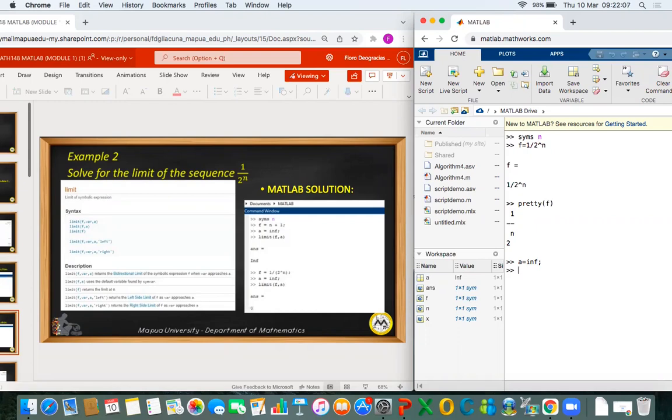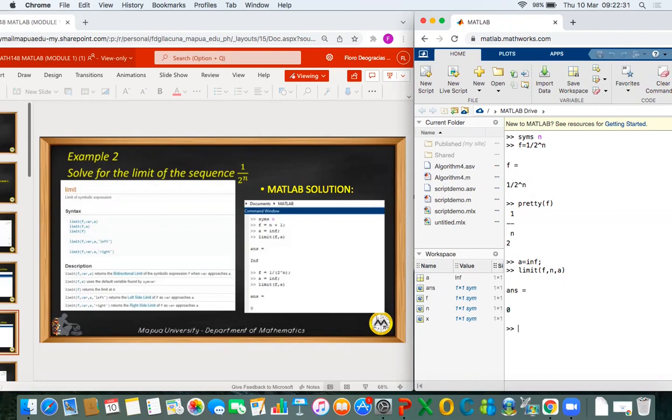Okay, so with that, let's now have the limit. So class, I will not type the limit again. What I will do is use the up arrow key. Okay, so you see these different commands that you have typed previously. Then use the one here, class, limit of f and a.